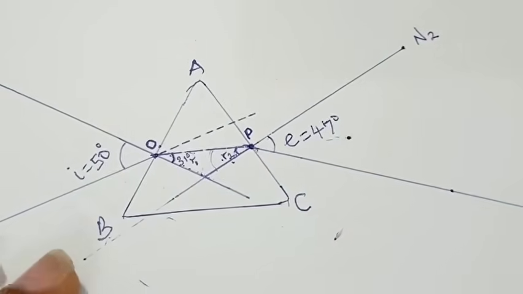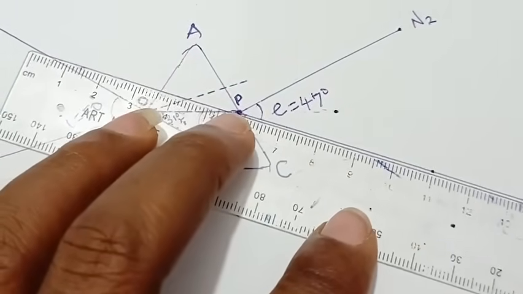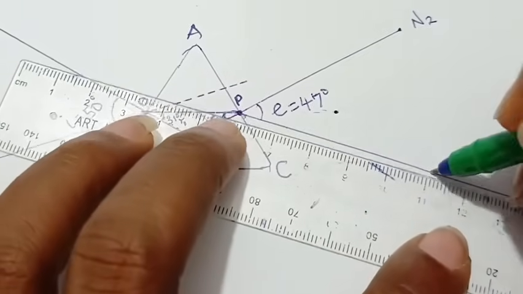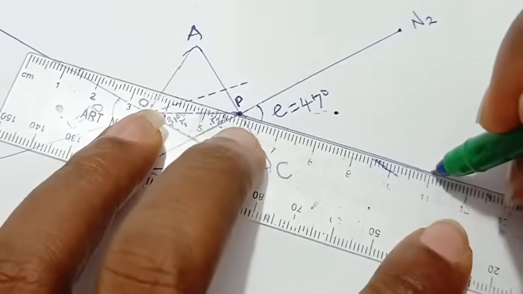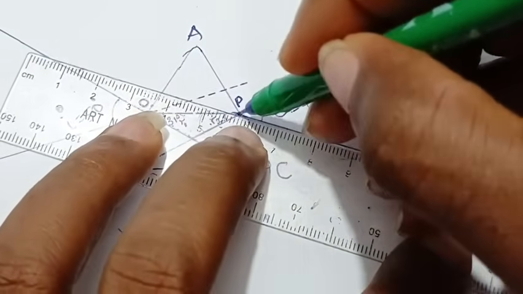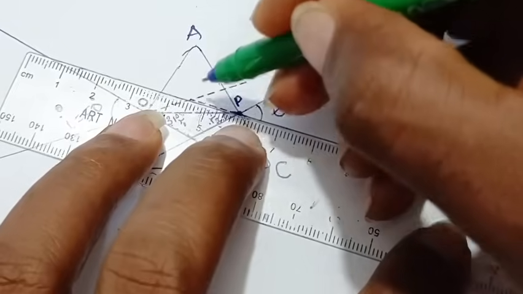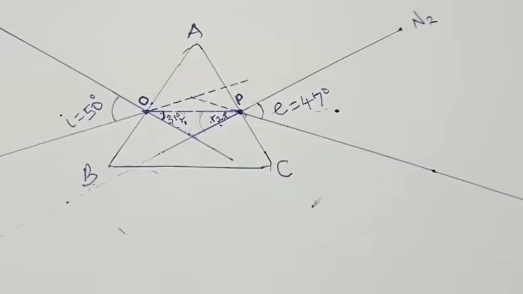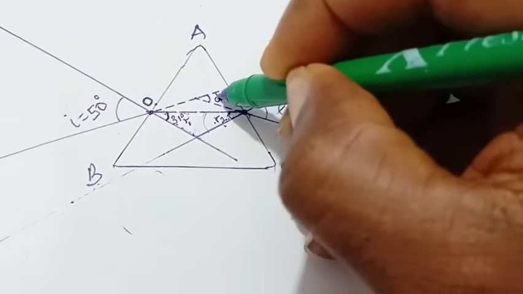Now you are expected to produce this emergent ray to meet the incidence ray, which was also produced, dotted. What I'm trying to do here is just the general principle of the triangular prism, and most times that's what they ask you to do. This angle is the angle of deviation. I'm using D.